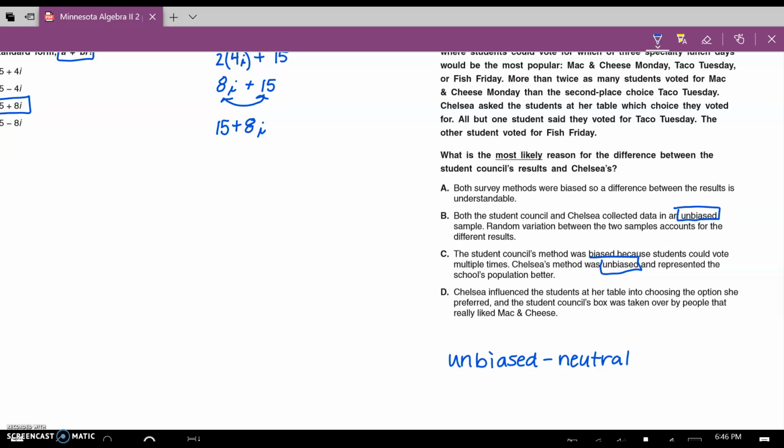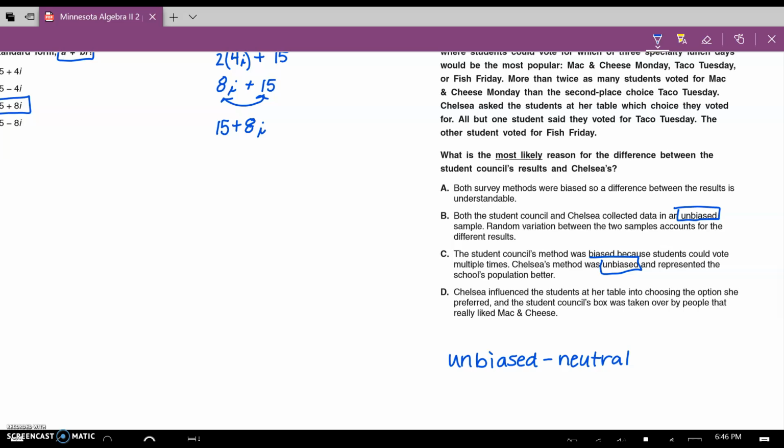First of all, Chelsea's method didn't represent the school's population because she only asked like 5 of her friends. Okay, so that didn't represent the school's population because she only represented a couple people. And then answer choice D said that Chelsea influenced the students at her table by choosing the option she had preferred. Well, answer choice D isn't true because Chelsea didn't even tell the people at her table what she had offered. So that one isn't true as well. So she didn't even tell them what she wanted.